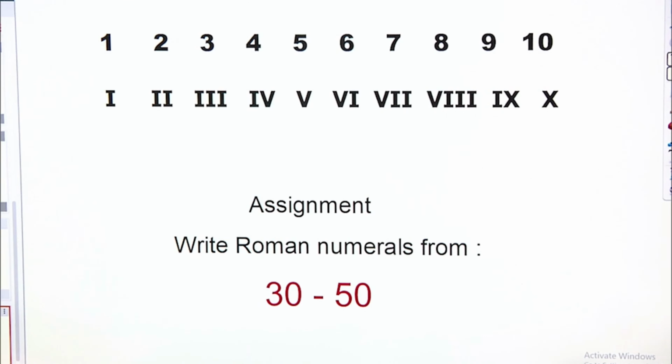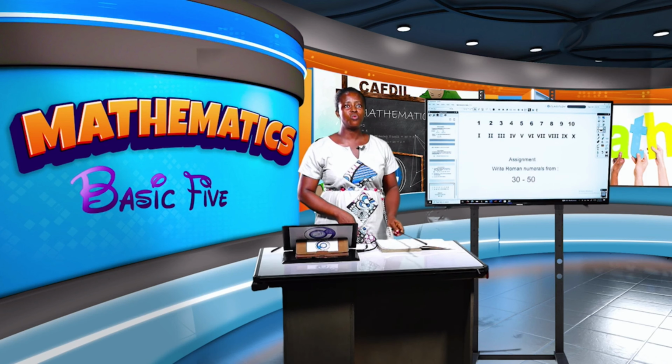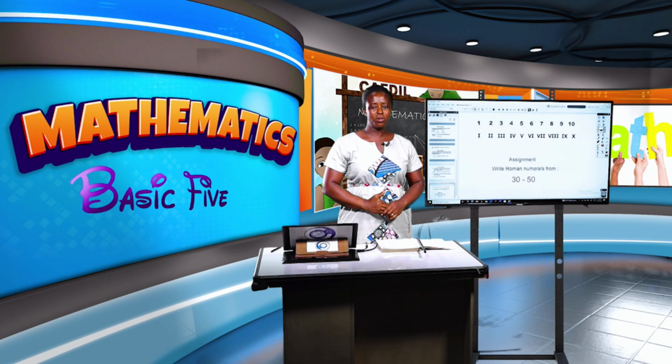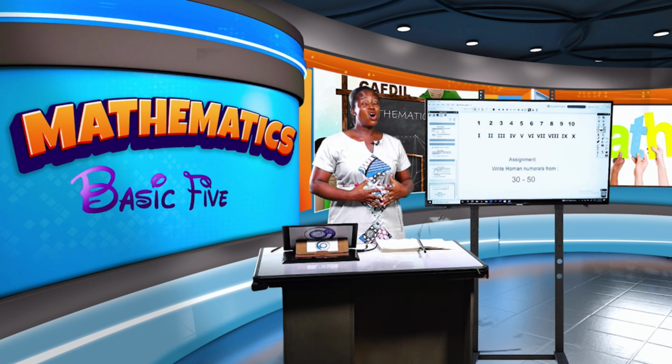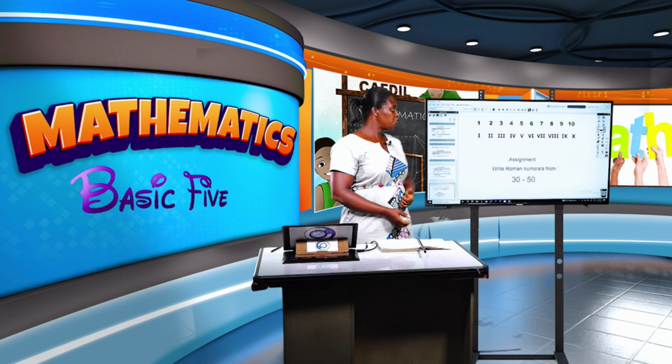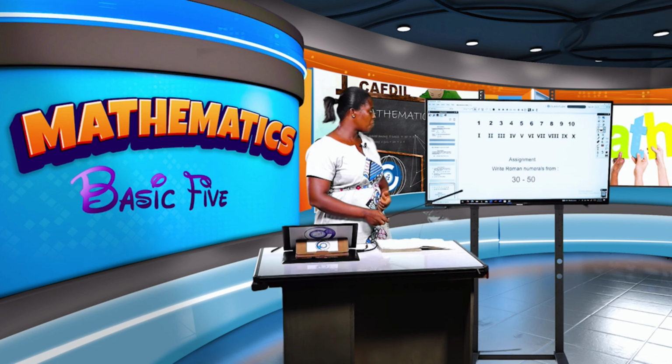This is how we write Roman numerals. And I believe you were able to write them in your books neatly. That's good. Learners, we've gone through all the rules. So I want you to do this assignment for me.